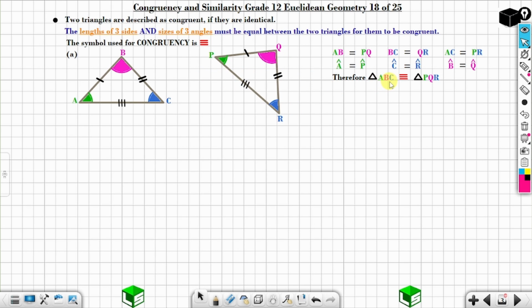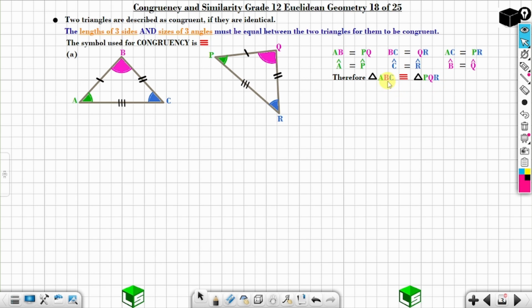Okay, and the angle at B in the triangle ABC is equal to the angle at Q in the triangle PQR, and the angle at C in the triangle ABC is equal to the angle at R in the triangle PQR. You have to respect the order.